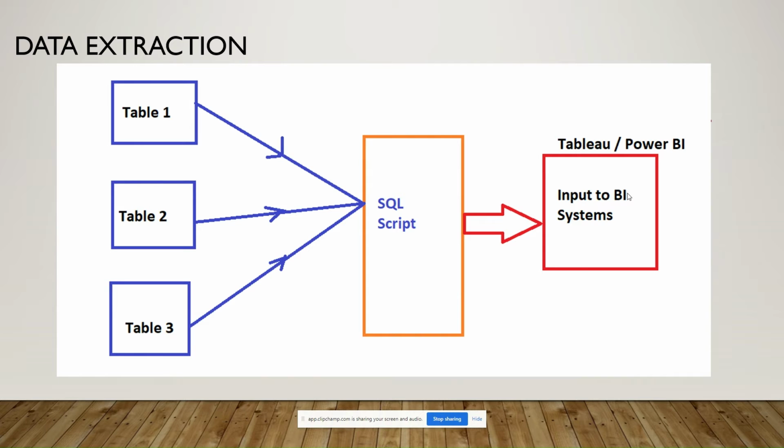Using SQL, you can get the data from different sources. We need to write efficient SQL which can run in an optimized manner to get the data. So we need to use the right joins to avoid duplicate rows getting into BI tools like Tableau or Power BI. Once our SQL gets the data in a quicker manner, our BI reports perform well.